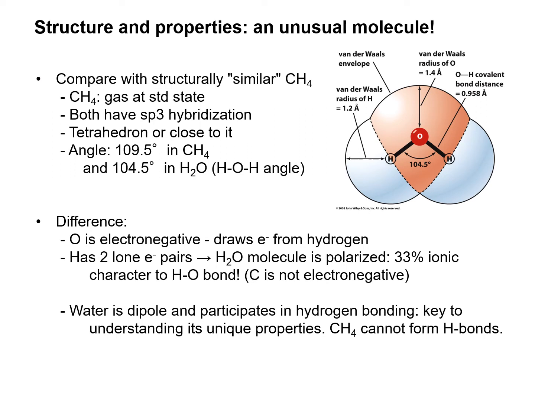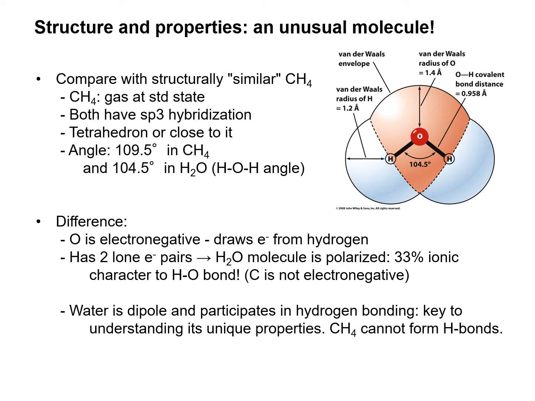Let's discuss more about the structure and the properties of the water molecule, which is definitely an unusual molecule. When we compare the water molecule to the structurally similar methane, or CH4, although methane is a gas at standard state, they both have sp3 hybridization, which means that they form a tetrahedron too, although the angles are slightly different.